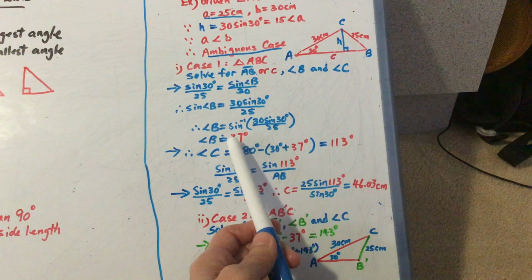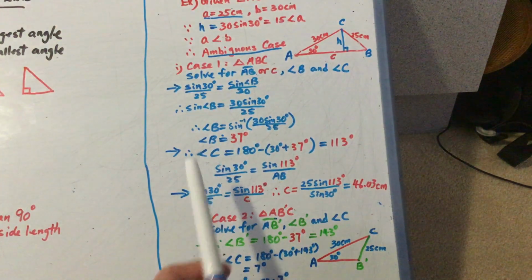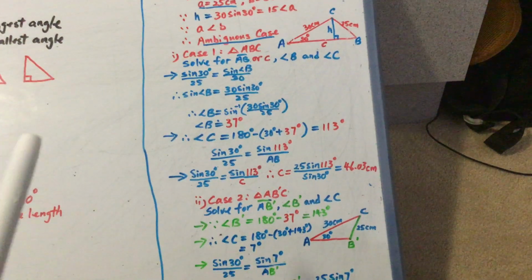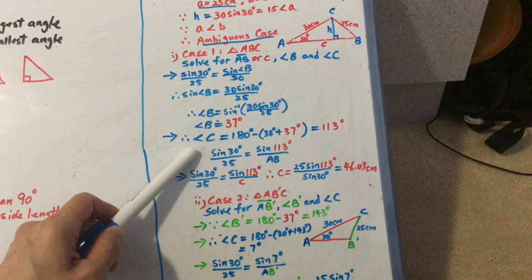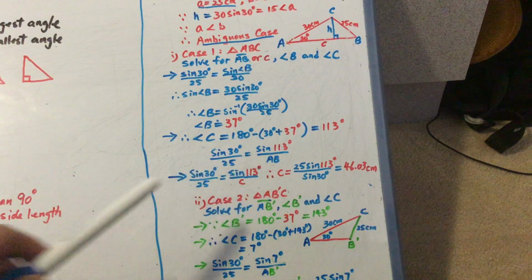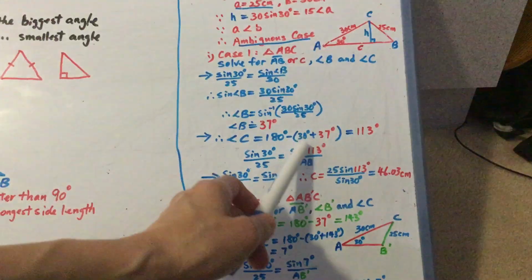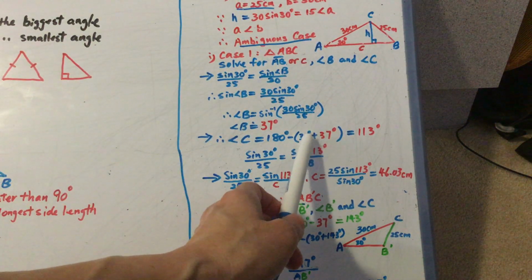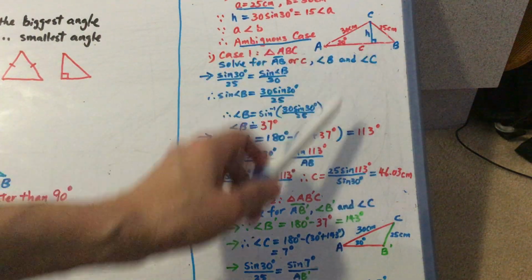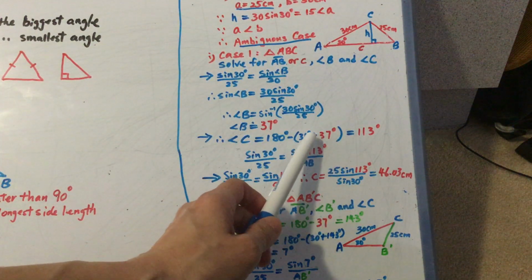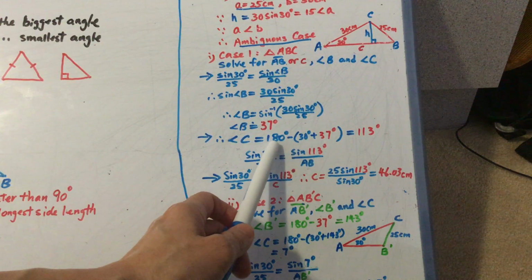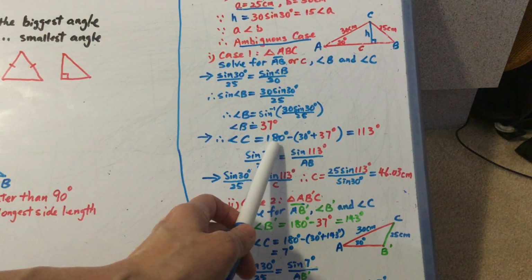Once you know that the angle B is equal to 37, then we can quickly calculate the other angle, angle C, by taking the difference. When you add the two known angles, the 30 and the 37 that we just calculated, and subtract it from 180, because all interior angles should add up to 180.